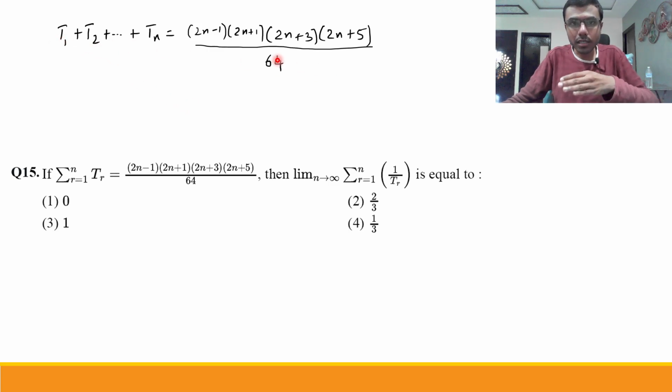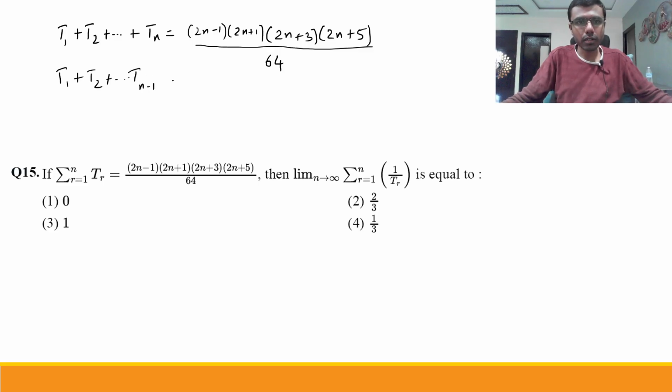Now I want to find out the nth term. Based on that, I can find out the rth term. To find the nth term, in this summation, in place of n put n minus 1. So what I would get is t1 plus t2 and so on till tn minus 1. Before n, that's what we would get.